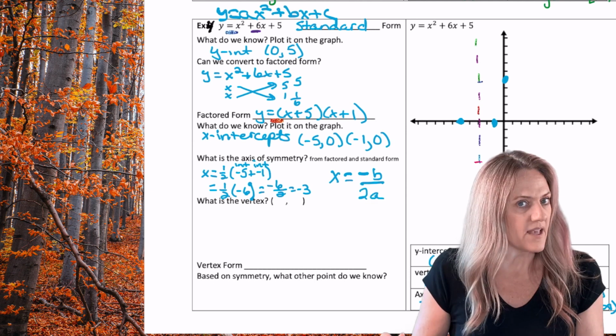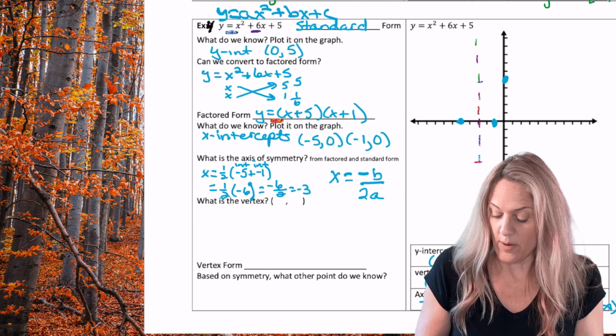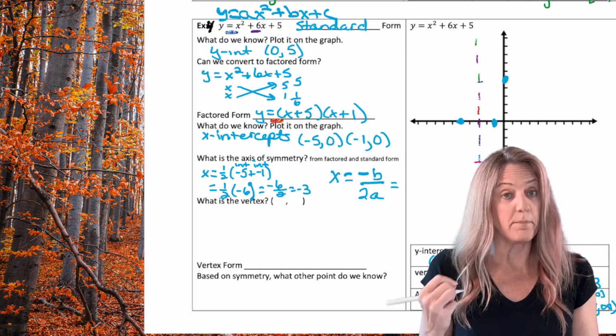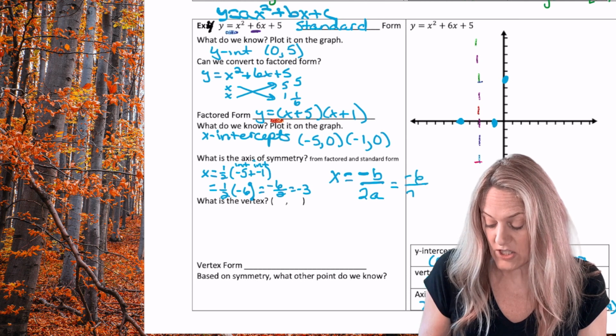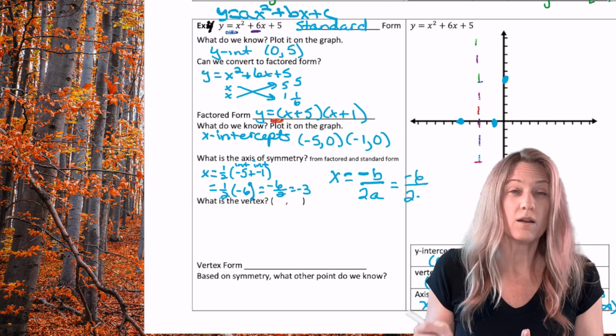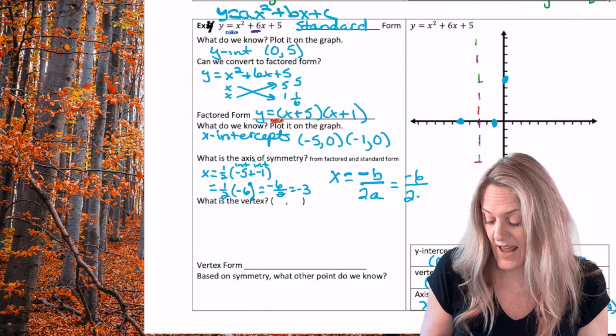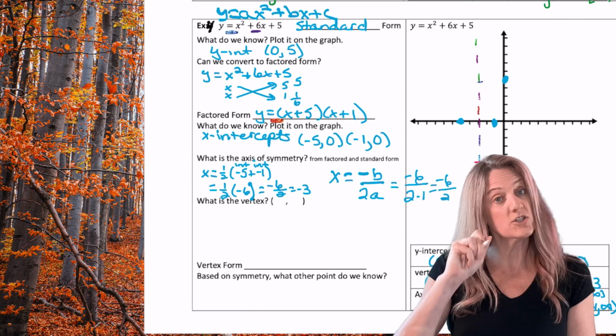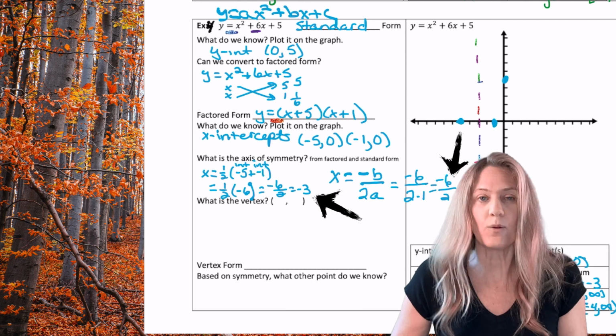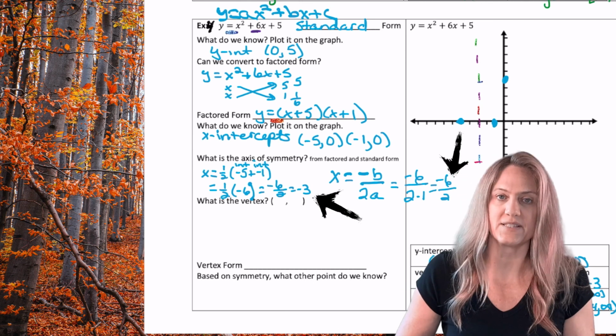So let's try this out on our standard form. I look up at standard form, the b value is 6, so I take the opposite of 6 and I divide by 2 times a, which is in front of x squared, and that happens to be 1 right now. Well, -6 divided by 2, check, that's -3. We have the same axis of symmetry.